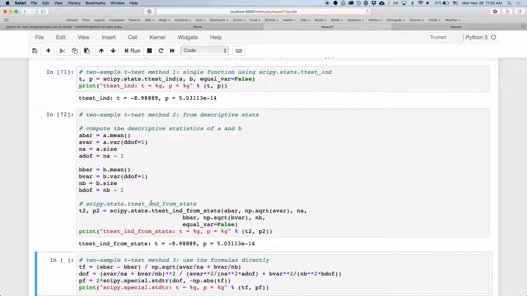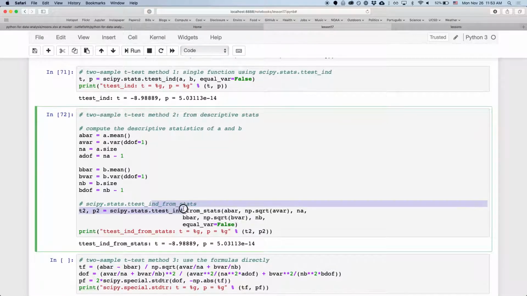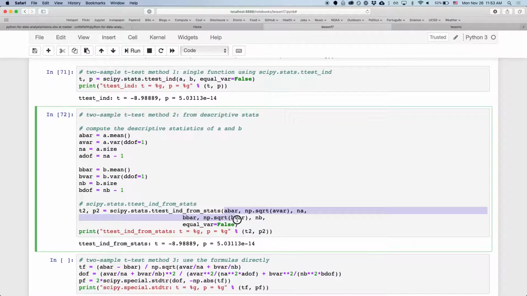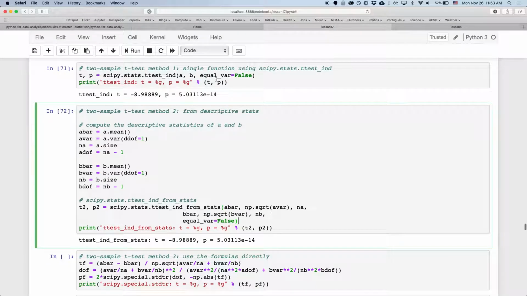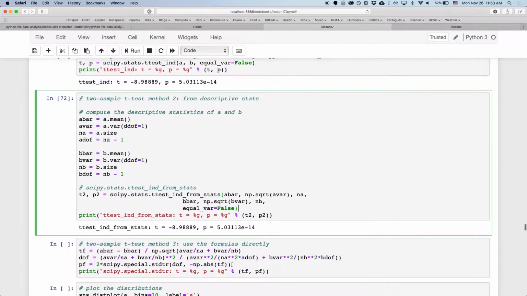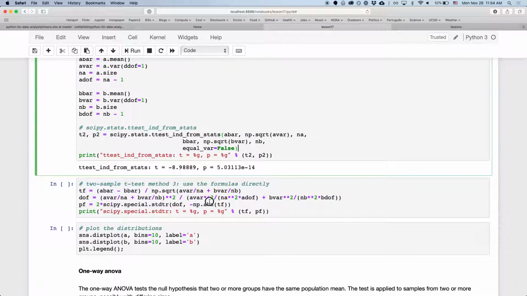So here we're going to calculate all these statistics and feed those into this function, ttest_ind_from_stats. We pass the stats, and we can see we get the same answer. A third way we can compute the two-sample t-test is using the formulas directly.